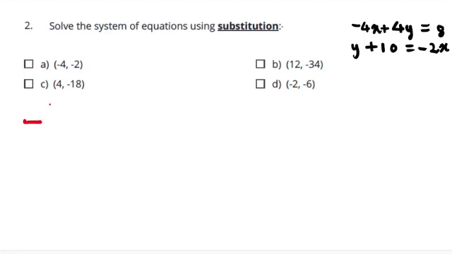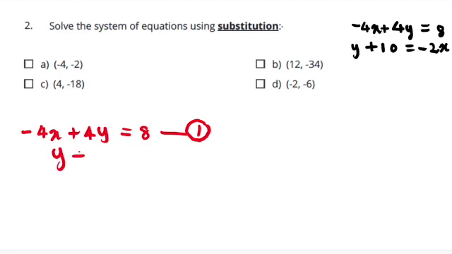Okay? Write down again negative 4x plus 4y equals 8. This is equation 1. Then y plus 10 equals negative 2x. This is equation 2.